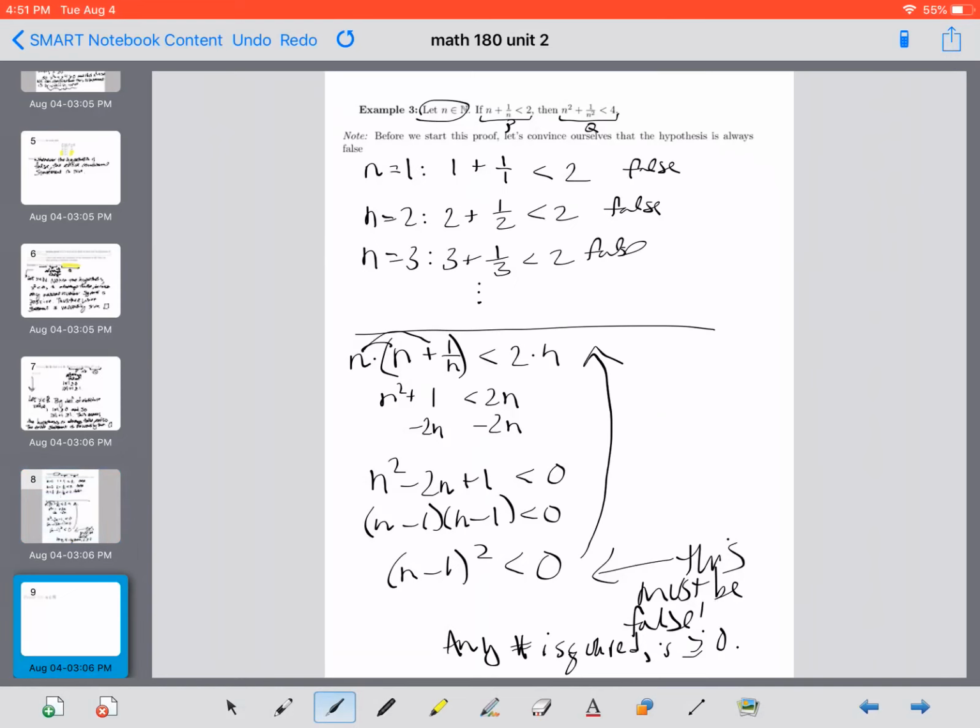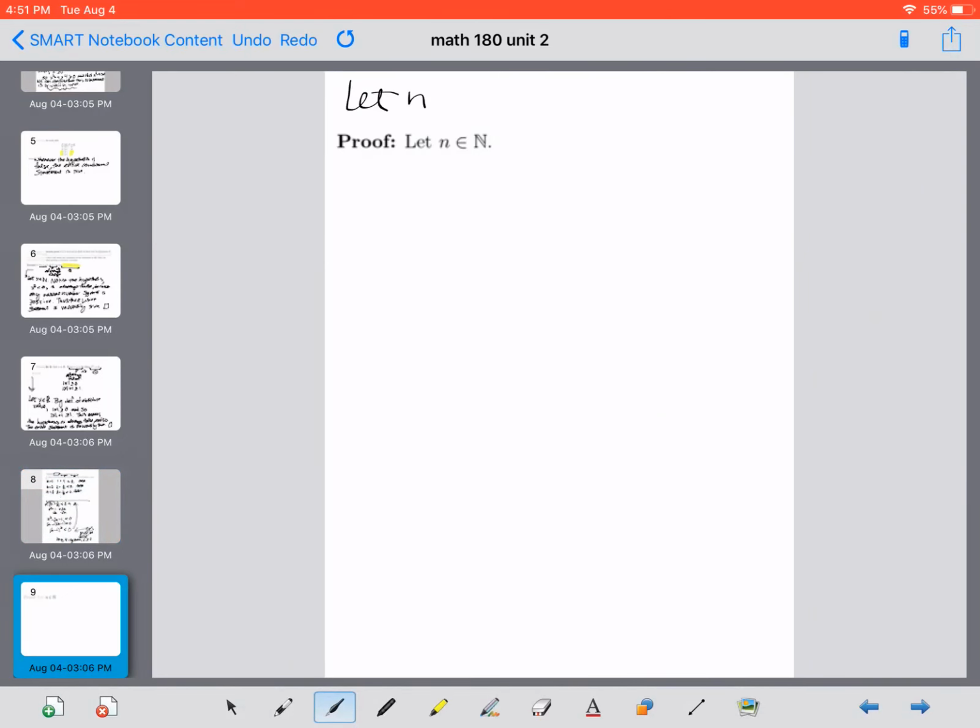Again, what we're trying to prove here is: let n be an element of the natural numbers. If n plus 1 over n is less than 2, then n squared plus 1 over n squared is less than 4. We're going to prove this vacuously by proving the hypothesis is always false. So here's our proof. We let n be an element of the natural numbers because that's our assumption.